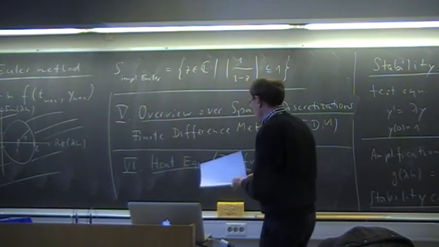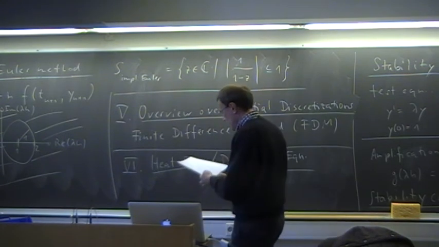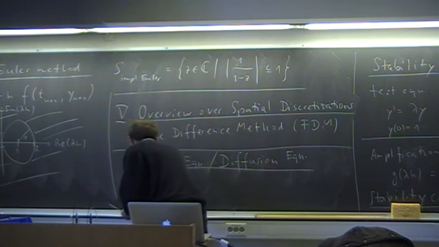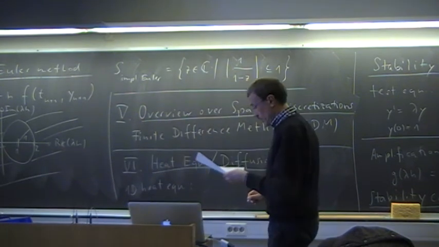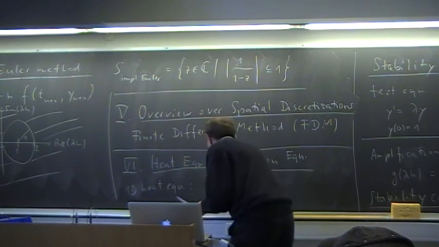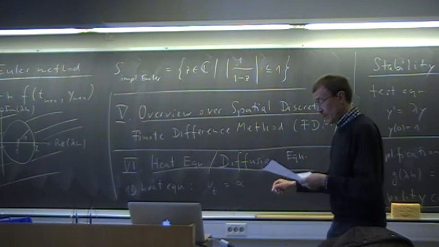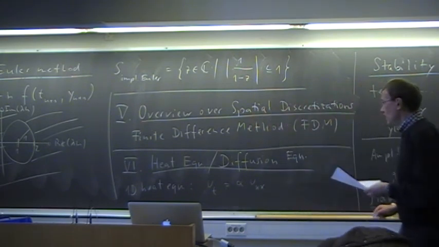The key equation for us was the 1D heat equation, the 1D diffusion equation, where we have the time derivative of u equal to alpha, the thermal diffusivity, times the second space derivative.